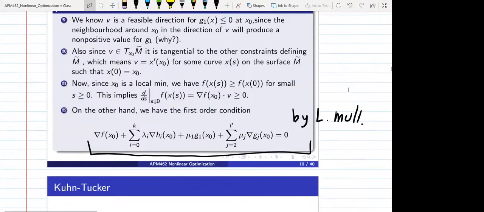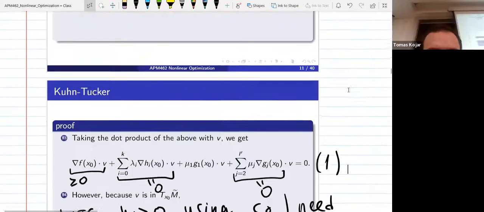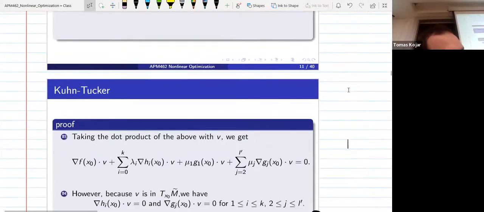What else can we say? I guess you will see in practice that the inactive ones don't matter.